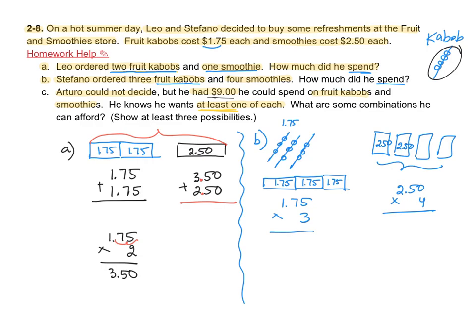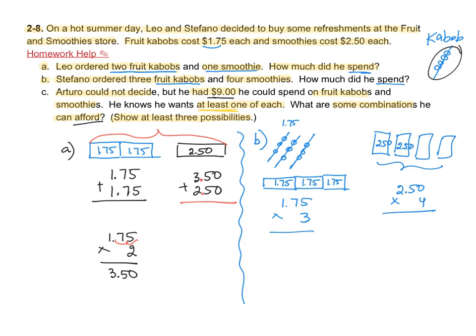And if we keep reading, what are some combinations he can afford? Afford means he has, again, a limit. So he has exactly $9. So he cannot buy anything more than $9. So you're being asked to come up with 3 different possibilities, and the restriction is he has to have at least 1 of each.